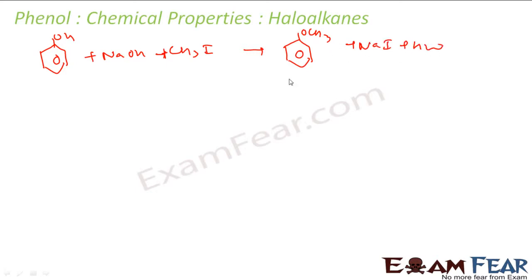This is anisole. Right? We talked about a similar reaction just now. I'll show you the similar reaction. We have just talked about CH2N2. So this OH, when it reacts with NaOH, it gives ONa. Right? O minus Na plus.